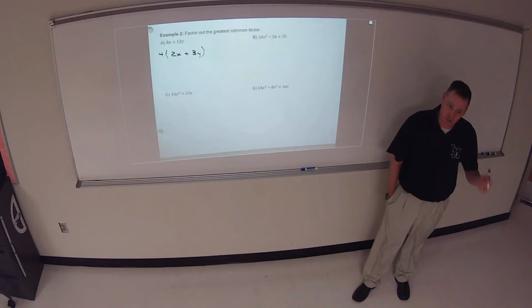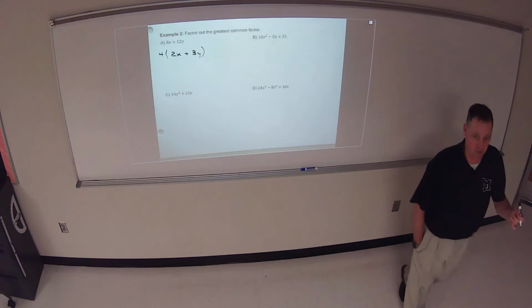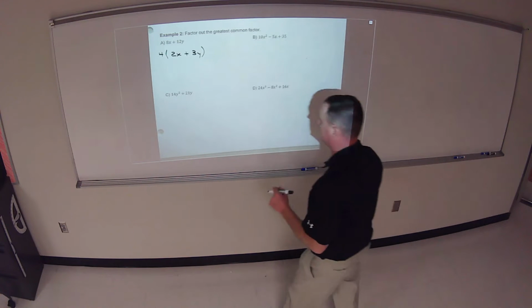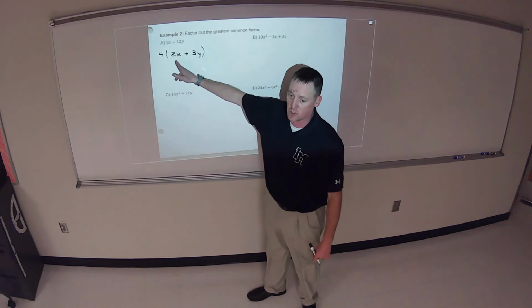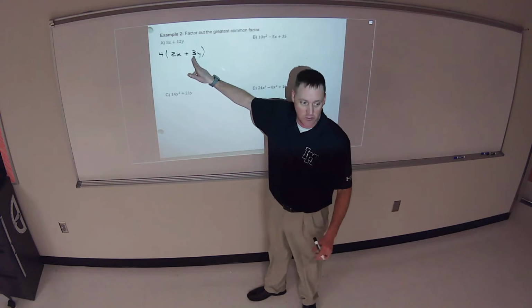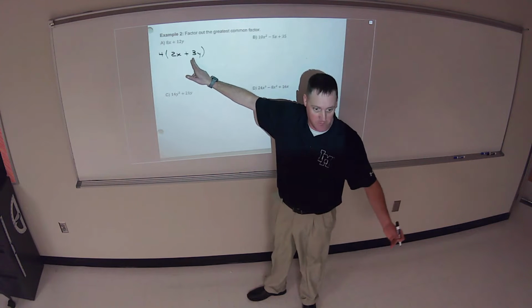Now, one thing, because I've been working with my first and fourth period about this quite a bit, sometimes we find a common factor, but we don't always find the greatest common factor. So one of the things I always want to come back and talk to you about is this. Number one, look at the numbers that you're left over with inside your parentheses. I'm not going to tell you that these two numbers always are going to be prime, even though these are.